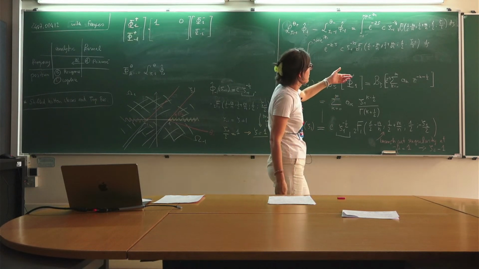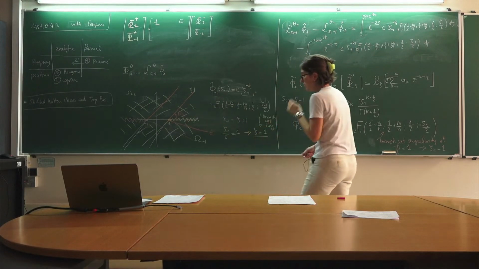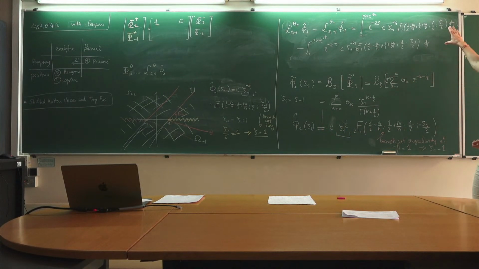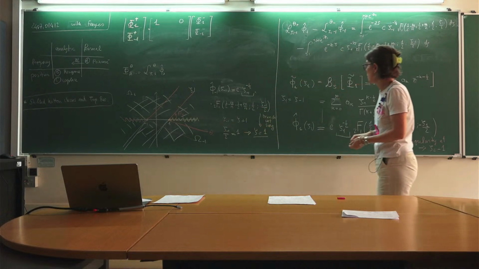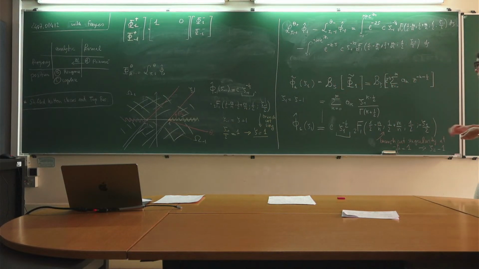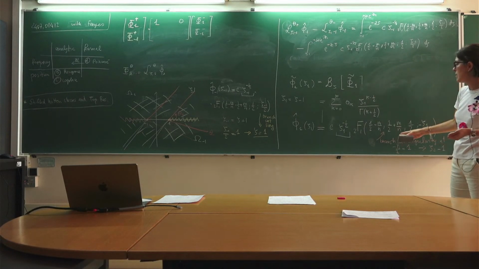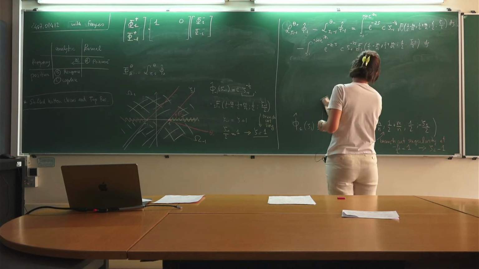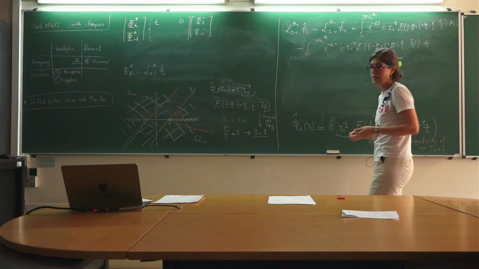Why am I saying the two functions are defined in different regions? Because this one has a branch cut here. So in particular, if you want to compare these two, you have to look at how to do the analytic continuation of this function across this branch cut. And luckily, for hypergeometric functions of this type, we know a lot of information. So that's one example in which we can really do the computation, even by hand.